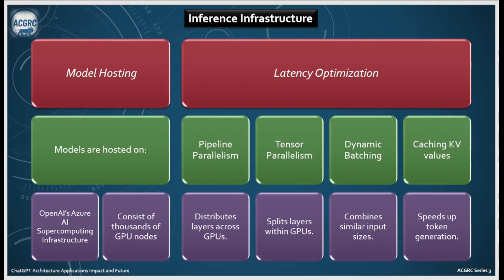Think of it like a fast kitchen where many cooks are working to make and deliver your food quickly. So, what is latency optimization of inference infrastructure? It means making sure the entire team, the computer, network, memory, and software, works as fast as possible to give you a quick and smart answer. It's like making the kitchen super efficient so your sandwich is ready in seconds, not minutes.